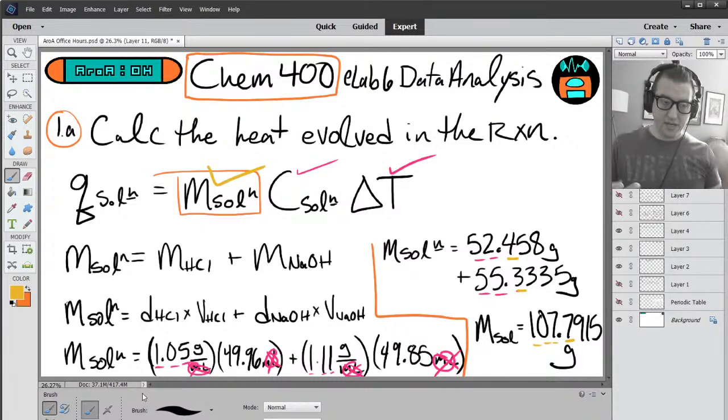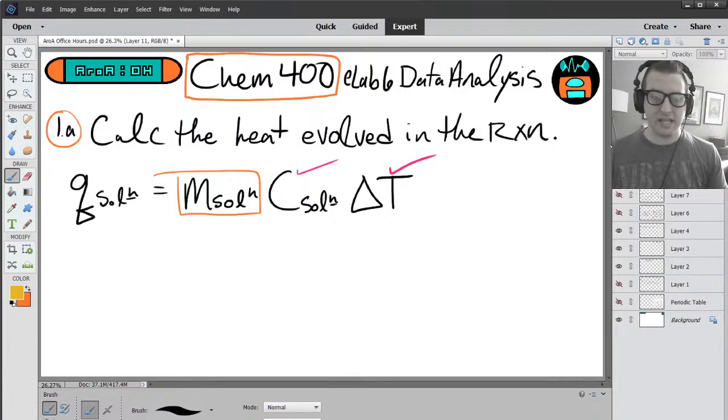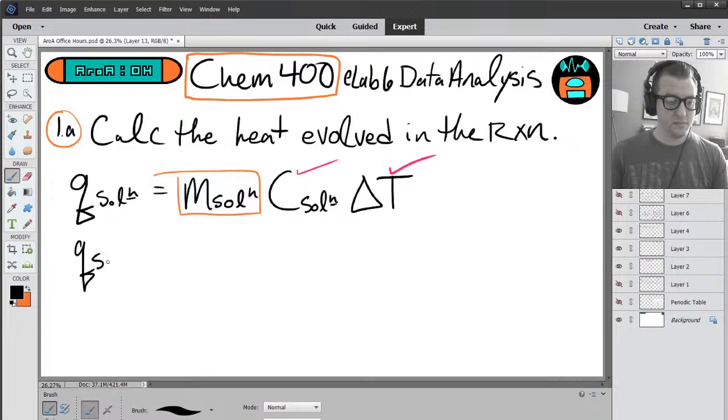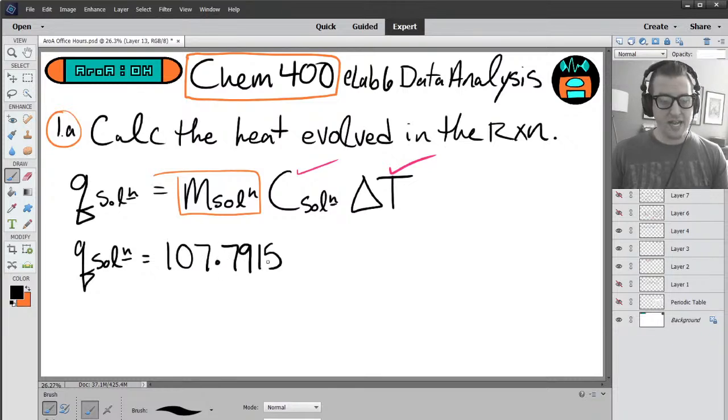We can actually calculate the heat absorbed by our solution now. So this is equal to 107.7915 grams. Again, remembering that we have 4 sig figs in this value.